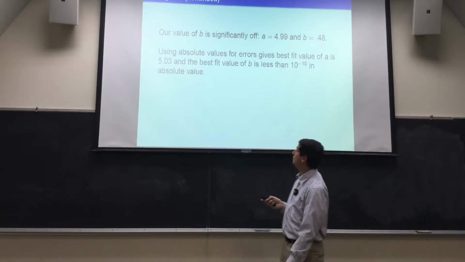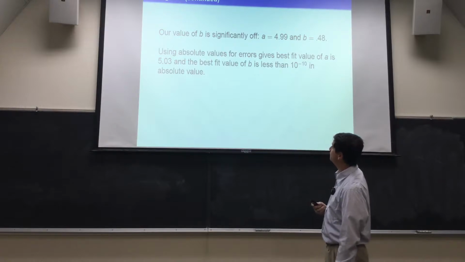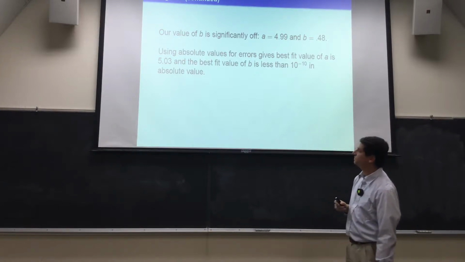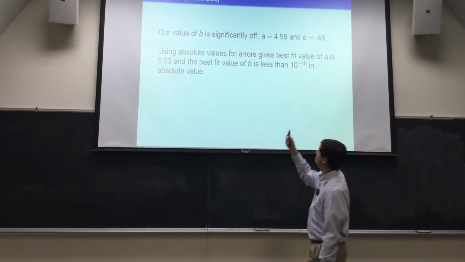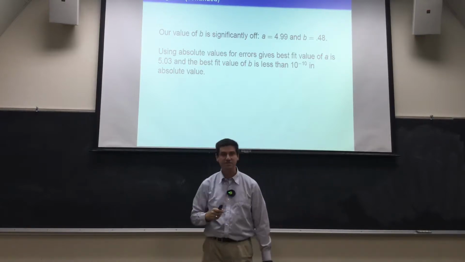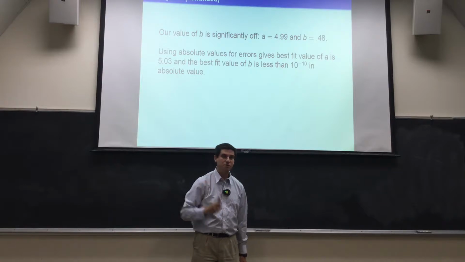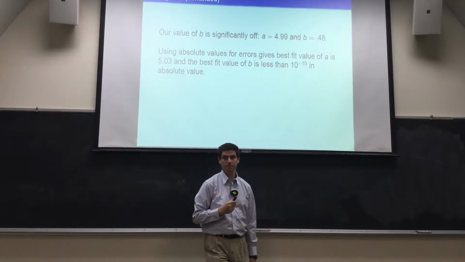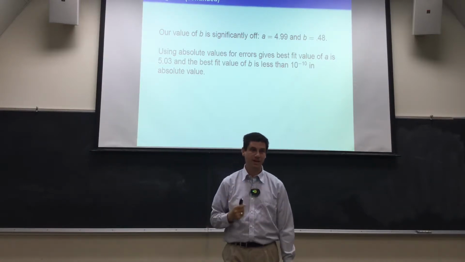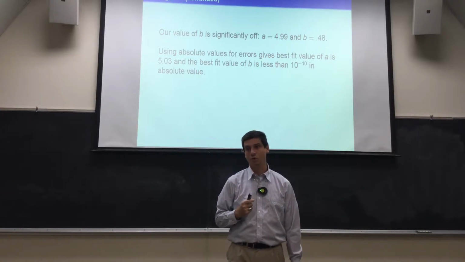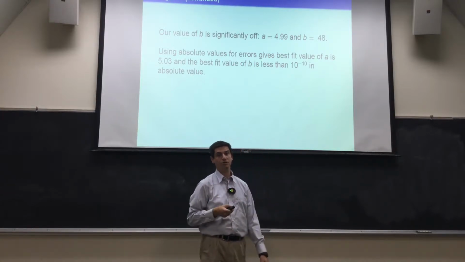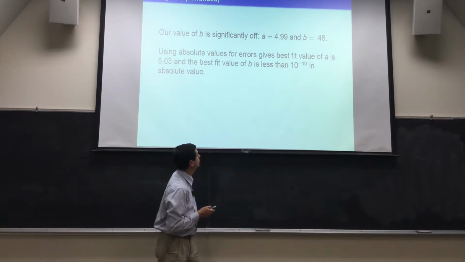All right, so if we use absolute values, then we get the best fit value of A is 5.03, and the best fit value of B is less than 10 to the negative 10. So using the absolute values does a much better job. But it's a lot harder to find these best fit lines. We will actually derive closed form expressions for these best fit lines very soon.